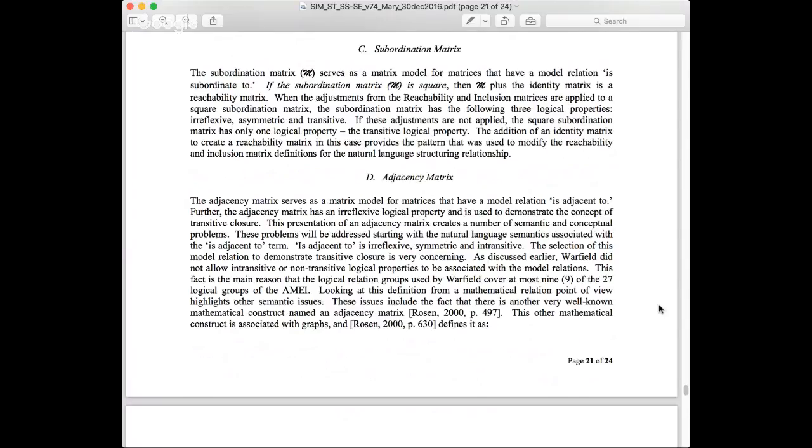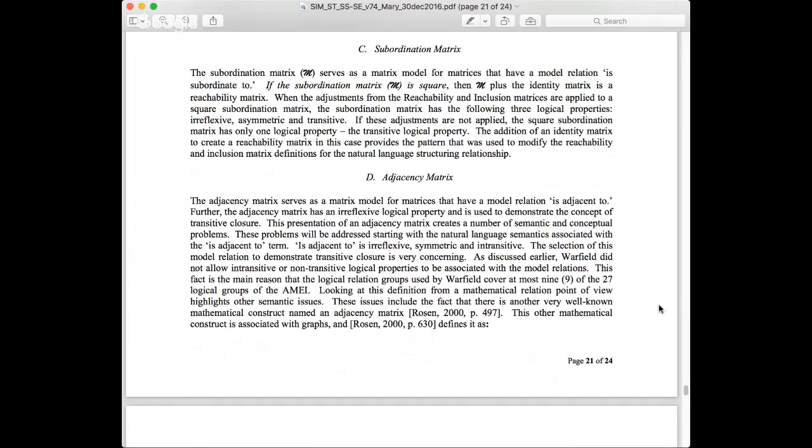And the adjacency matrix is a key area of confusion because of the overloading with the mathematical concept of adjacency matrix as opposed to the natural language part.